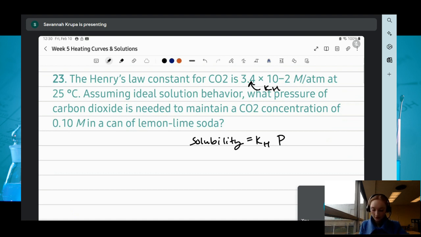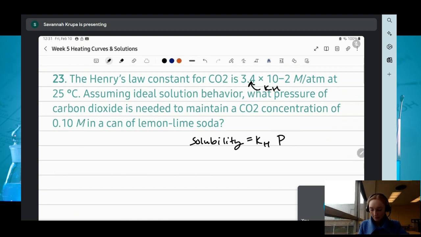So that is the KH value because this KH has to cancel out the pressure and solubility units, so that checks out. And so it's asking what pressure needs to be maintained at a concentration right here. And this is moles per liter, so that checks out for what we need to use for this problem.